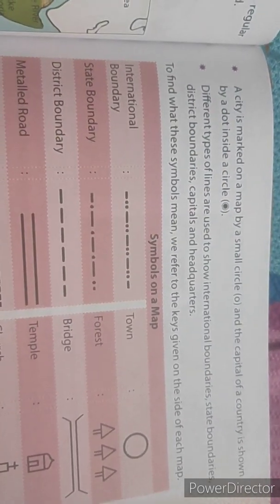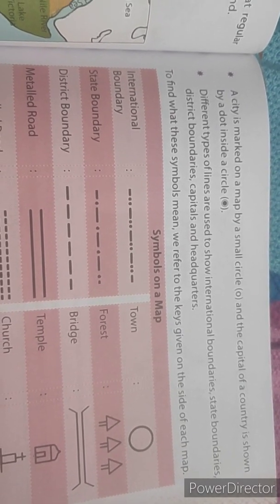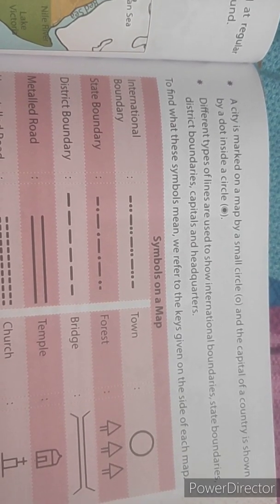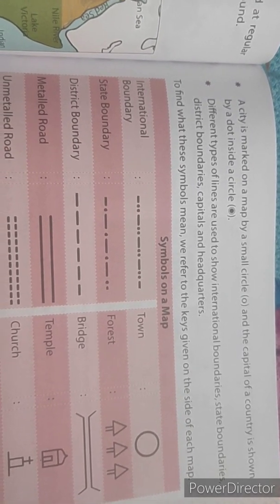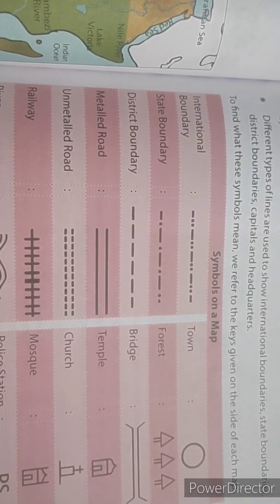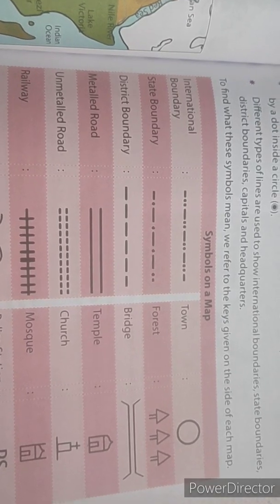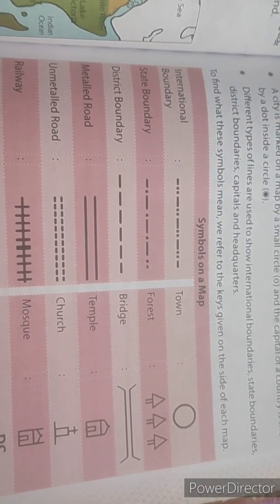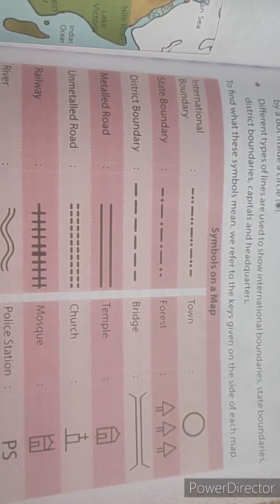Different types of lines are used to show international boundaries, state boundaries, district boundaries, capitals, and headquarters. To find what these symbols mean, we refer to the keys given on the side of each map.